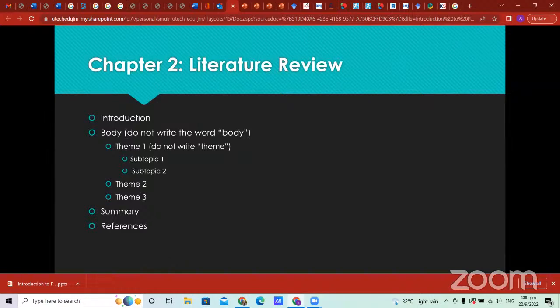A gap in the literature would be any contradiction, anything that hasn't been explored yet. Basically, something that's not known yet, that hasn't had any research done on it yet.